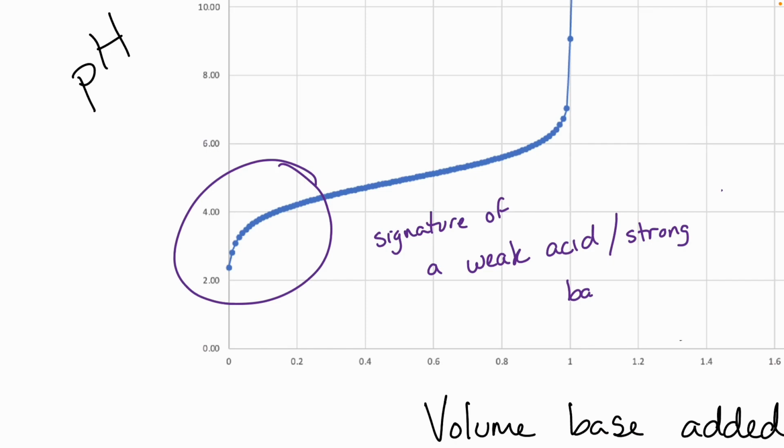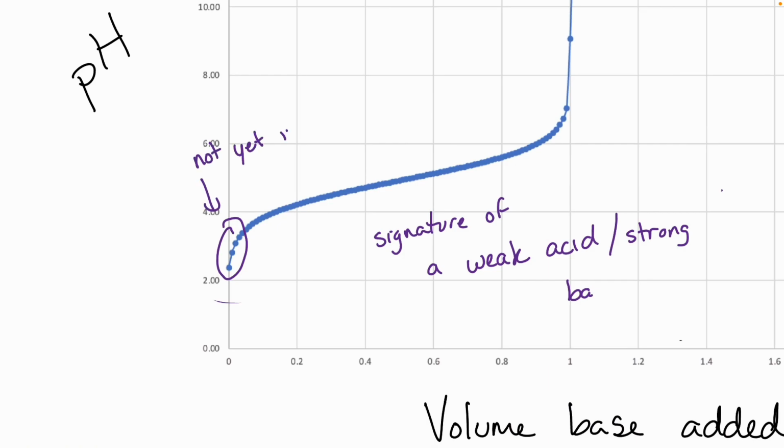So within this part right here, I get a much steeper increase in pH, and then all of a sudden it starts to level off and go more slowly. And that's because right here I'm not yet into that buffer region. Remember, we said buffers have only a sort of limited range in which they're effective, and that range is plus or minus 1 pKa.